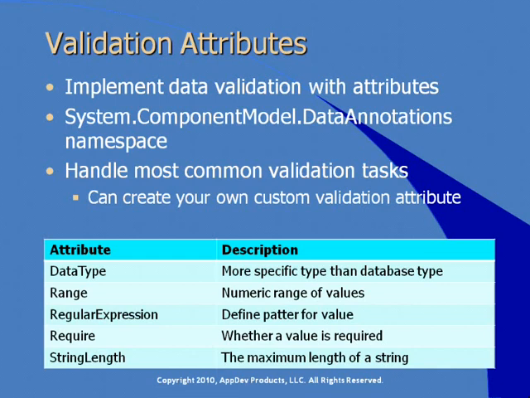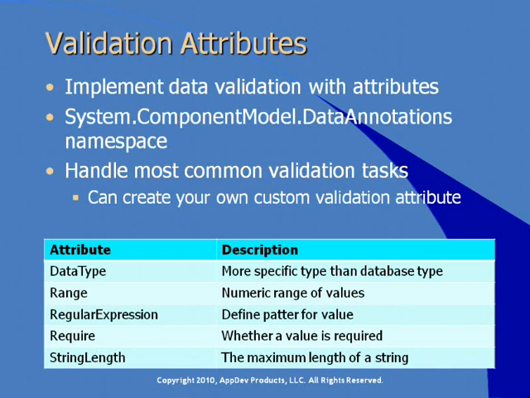All right, so the several different validation attributes include DataType. This lets you specify a data type that is more specific than the intrinsic data type and uses the DataType enumeration. The enumeration has a number of useful formats, including date, time, email address, password, URL, and so forth.